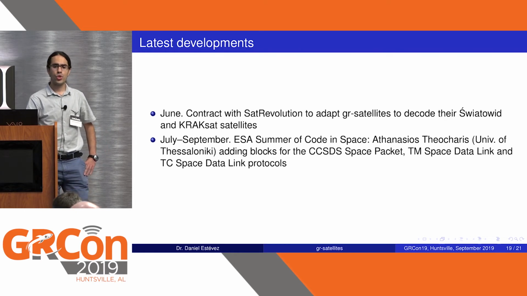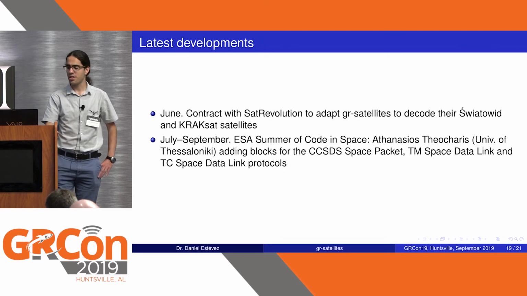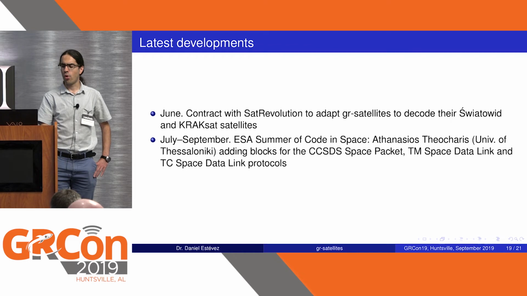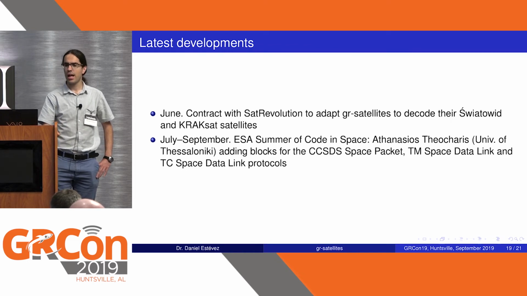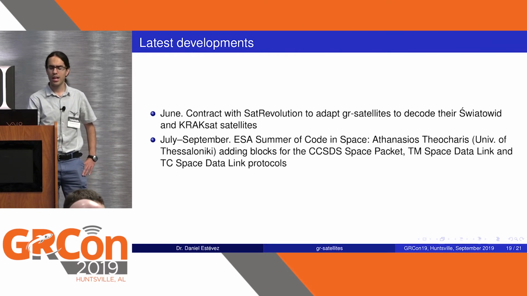I only needed to create some new blocks and add them to GR satellites for the Sat Revolution project, and could reuse most of the components. Of course, the outcome of this project has been published under the GPL and is on the GitHub page of the project.